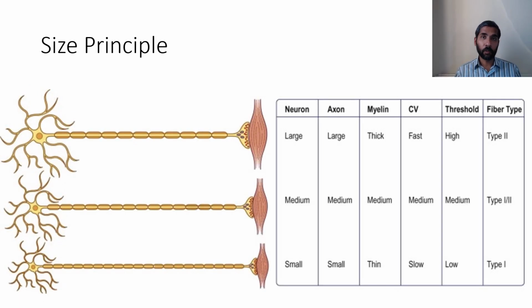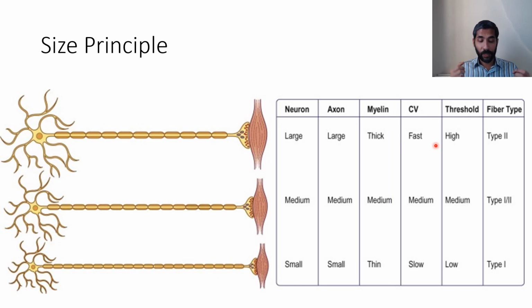Now let's talk about these motor units. We talked about the size principle before. Remember, we said that when motor neurons come from the spinal cord to the muscle, the speed of movement of the action potentials through the motor neurons depends on the size of the motor neurons. If the motor neurons are big, the action potentials are going to travel much faster. So if the neurons are large, the axon is large, the myelin is thick, the conduction velocity is very fast.